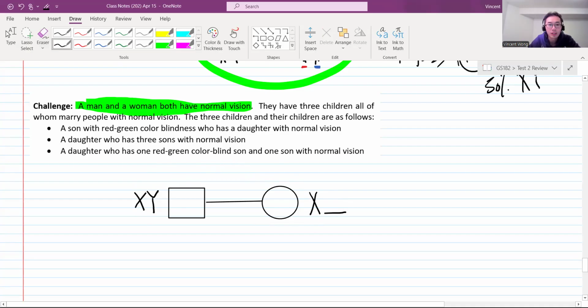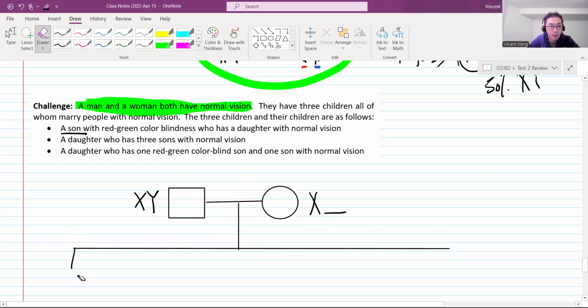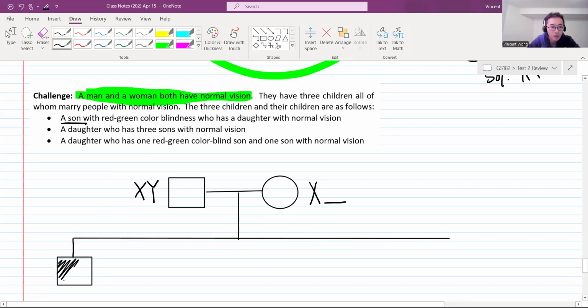They have 3 children, all of whom marry people with normal vision. So three kids. We're going to draw 3 kids. First, a son with color blindness. So that's going to be the square, and then we're going to shade it in.